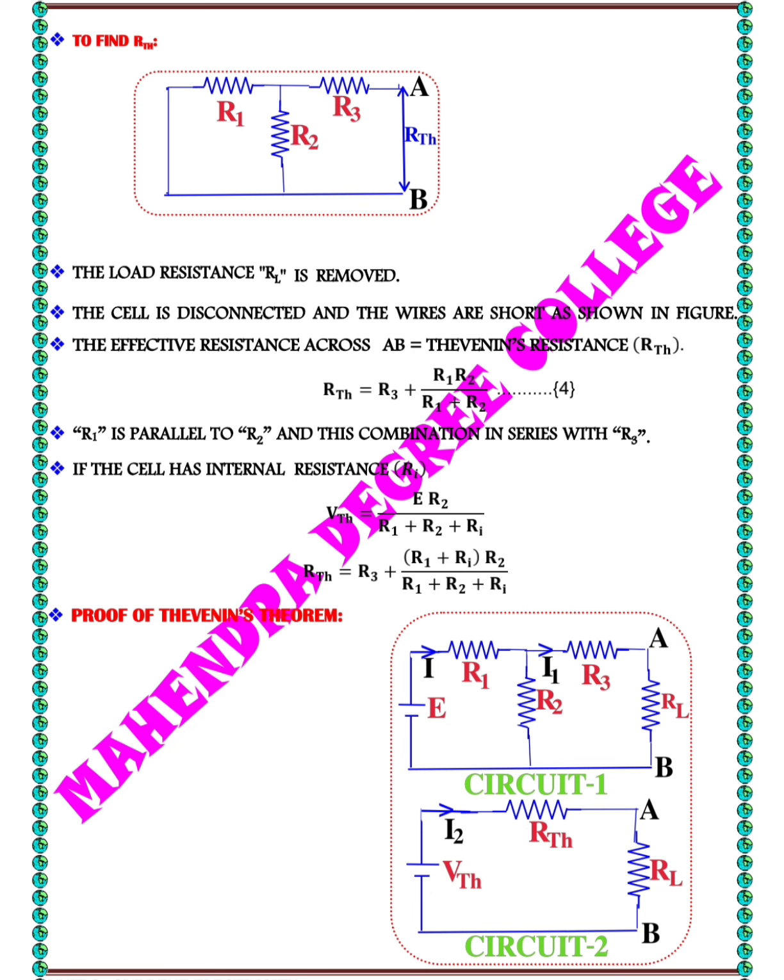If the cell has internal resistance Ri, the Thevenin's voltage and Thevenin's resistance formulas are given below. From equation 1, we write Thevenin's voltage VTH equals ER2 by R1 plus R2 plus Ri, where E represents the voltage source. R2 is a specific resistance in the circuit.